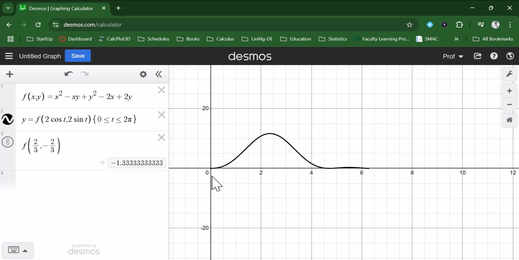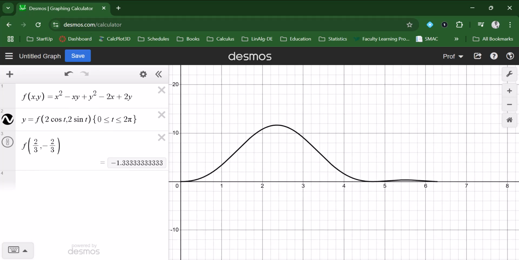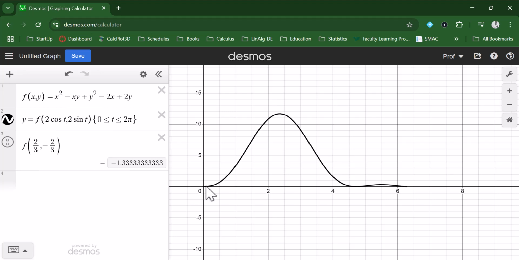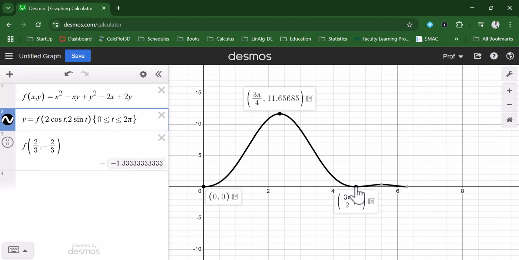So this graph shows a few things. It shows a value here at 0, and a value here that's up high when theta, or t, is equal to 3 pi over 4. And then it touches down here at 0 again, and then it comes back up, but not very high, at 7 pi over 4, and then back here at 0 at 2 pi.